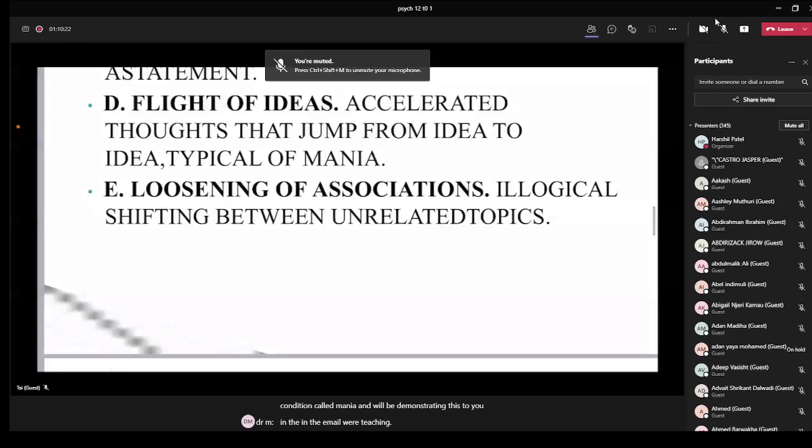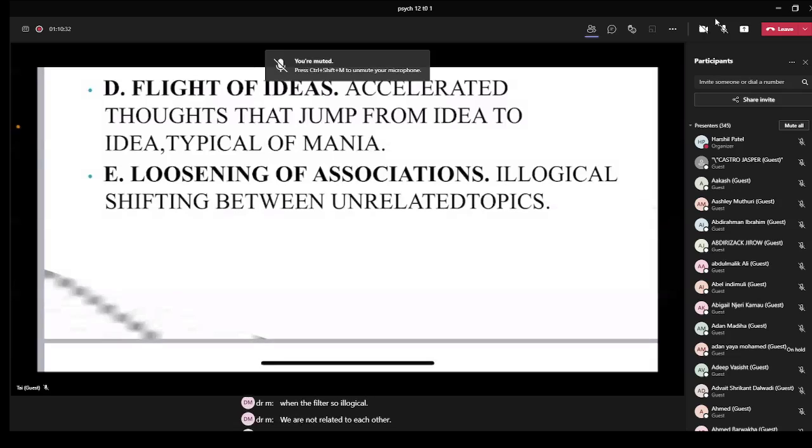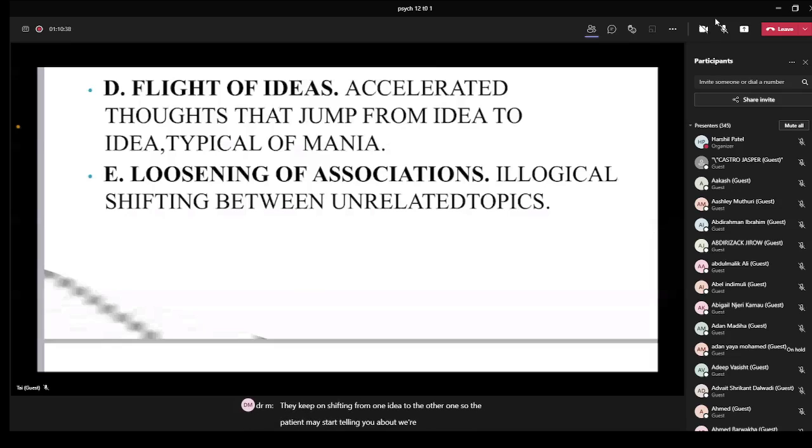We may have what we call loosening of association, and here the thoughts are so illogical, they are not related to each other. They keep on shifting from one idea to the other. So the patient may start telling you about their school.